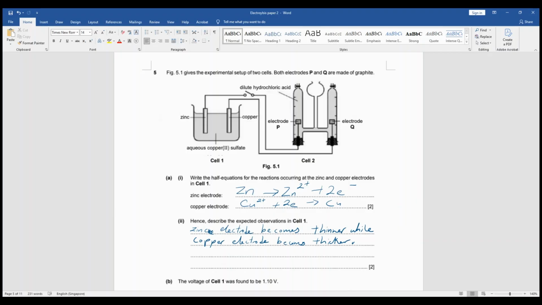So gradually the copper sulfate becomes zinc sulfate solution, and the solution loses its color. It changes from blue to colorless gradually.